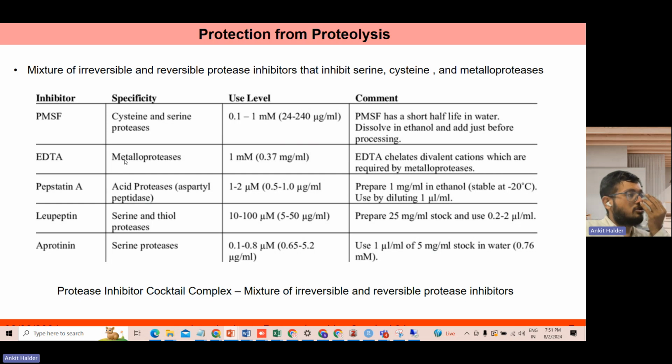Then EDTA, you know that it is a chelating agent and it works on metalloproteases. It chelates the divalent cations which are required by metalloproteases.